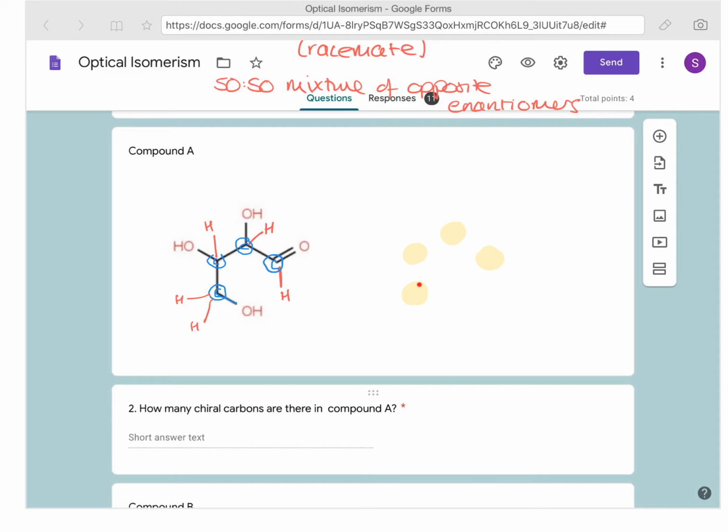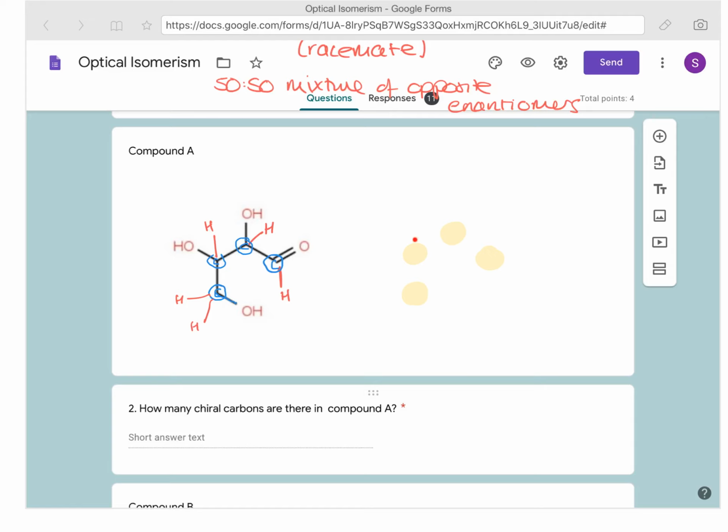Then it goes to 2 carbons, but let's look a little bit further than that. In this direction, this carbon has 2 H's and an alcohol, but this carbon has 1 H, an alcohol, and another bit of a carbon chain. That means that this entire portion of the molecule here is not identical to this portion of the molecule here.